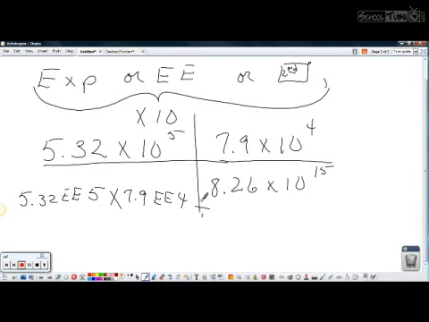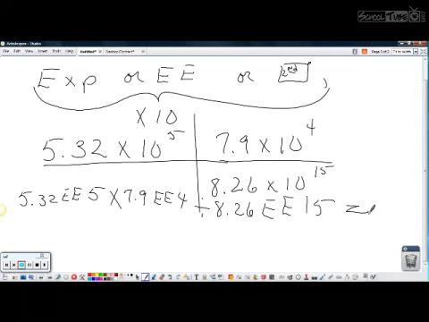Hit the divided by 8.26 times... excuse me, I got carried away here. 8.26 EE 15. Got a negative x. Yes, you do. Exactly. Press enter. Or equals. All right.